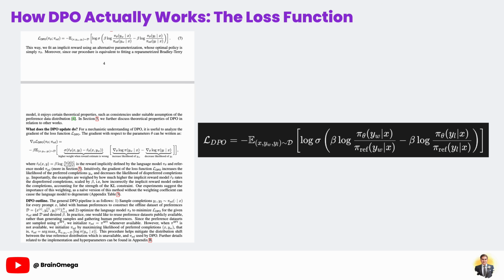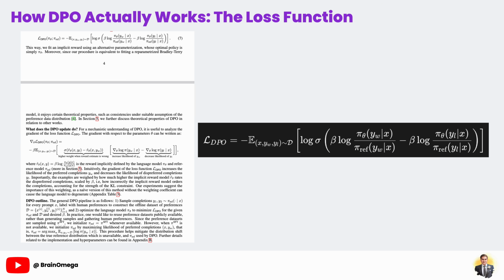This forces the model to focus its learning effort on the examples it's getting wrong, making training incredibly efficient and stable. In short, DPO increases the relative log probability of preferred responses, weighted by how incorrectly the model currently ranks them.